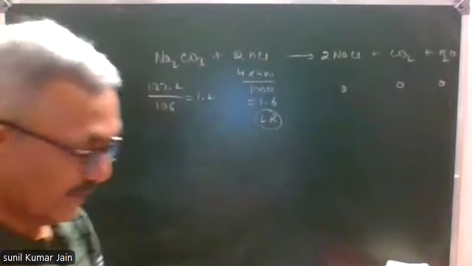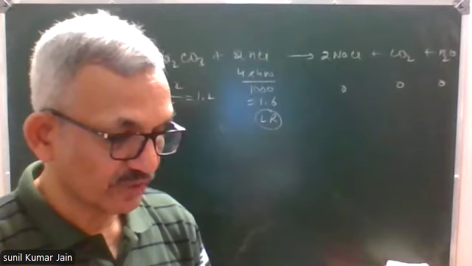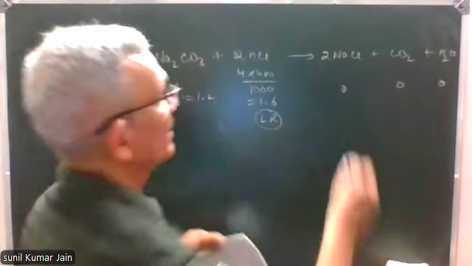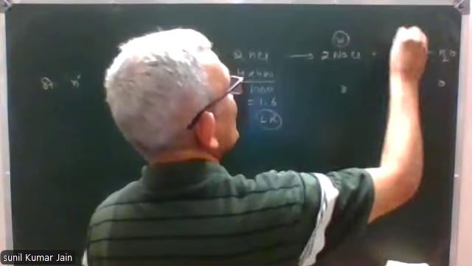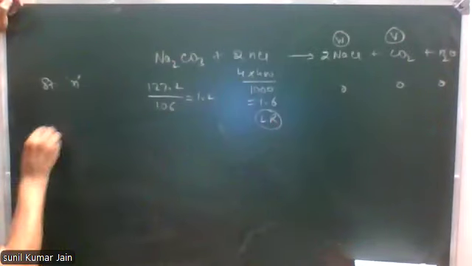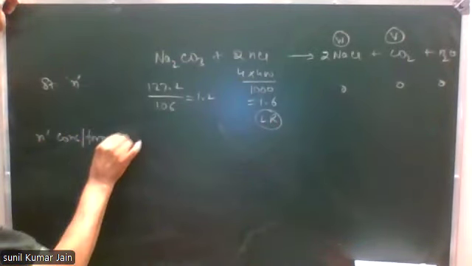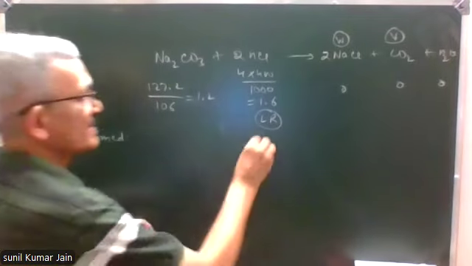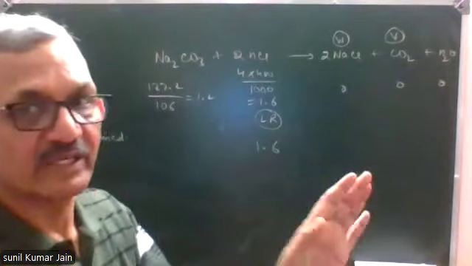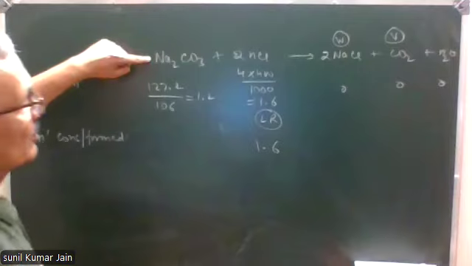Now, calculate the mass of sodium chloride and the volume of CO2 formed. We have to calculate the weight of this, and the volume of this. Number of moles consumed and formed. The limiting reagent will be completely gone. 2 moles will use 1 mole.